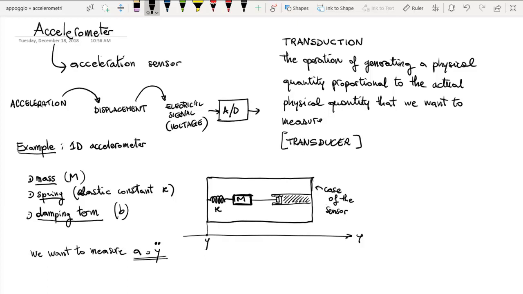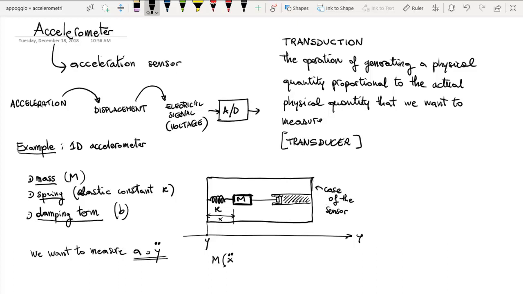Okay, now the position of the mass with respect to the system of reference of the case, let us call it X. Now, the equation that is governing this motion is the following. Of course, the mass times the acceleration of the mass. The position of the mass is x plus y.